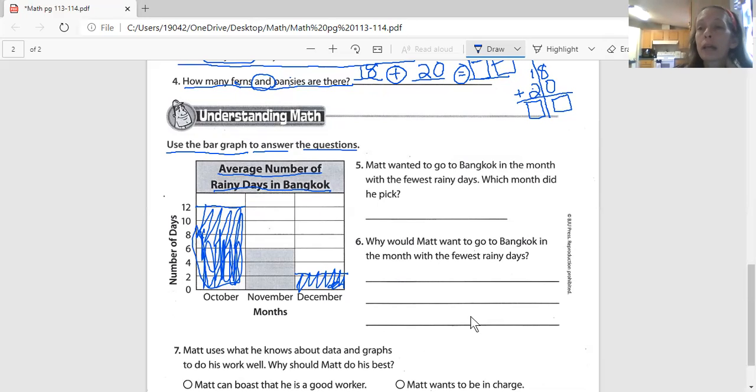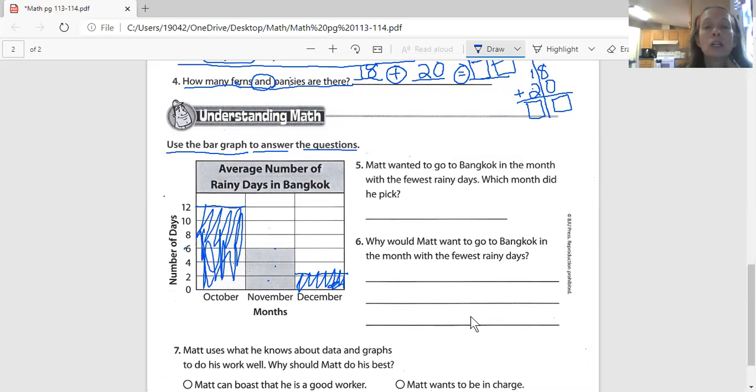Again, we're skip counting so that each bar that I cover means two rainy days. So if I go this way, I go 2, 4, 6, and I draw my line over, and yep, I see that's right, okay? So it's always a good idea in a bar graph, it's essential, you must do it, to go to the very top of the color and draw a line over so you can see the number, all right?